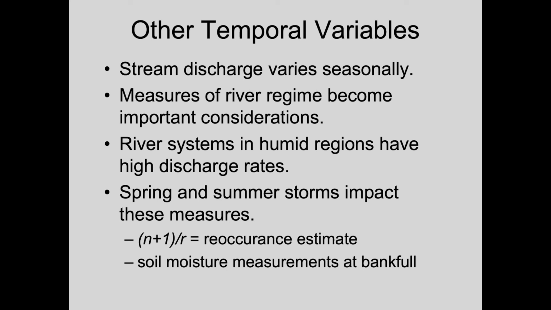This is again our recurrence estimate. This is where n is the number of total flood level events that are occurring for a stream environment annually, and r in this case is the recognized ranked magnitude of storm events.